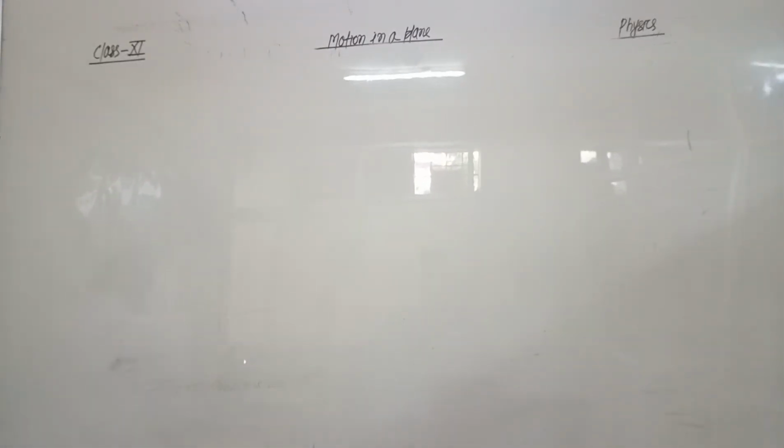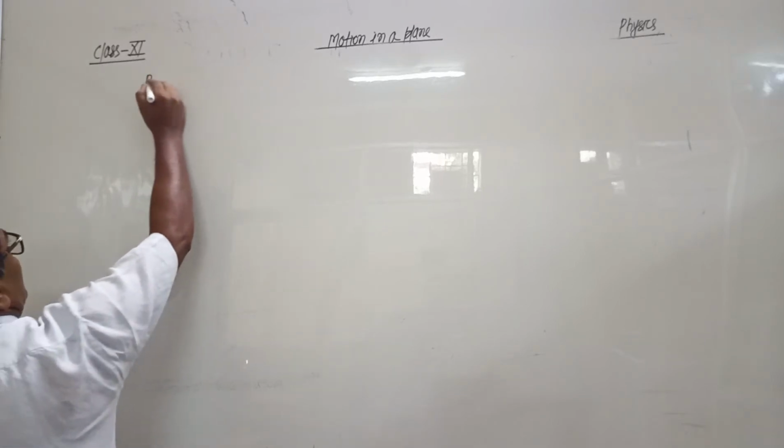Now we discuss properties of a scalar product of two vectors.